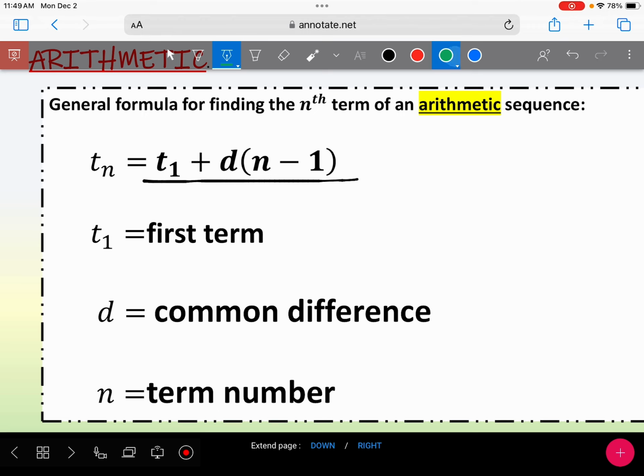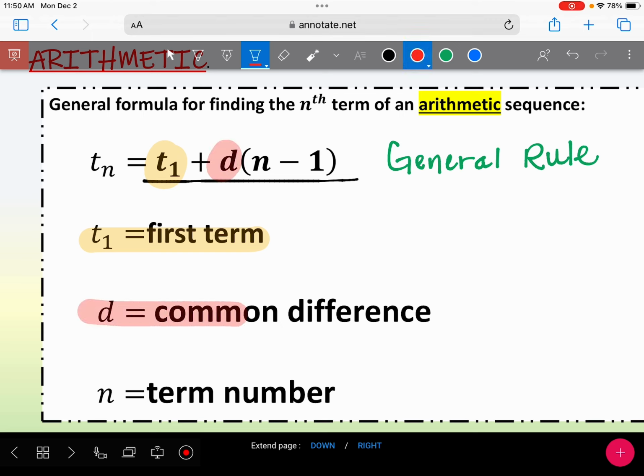So this here represents our general rule. See how we have a T1? T1 is the first term. And then the next variable we have is D. D represents the common difference.